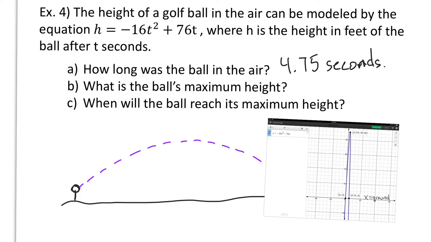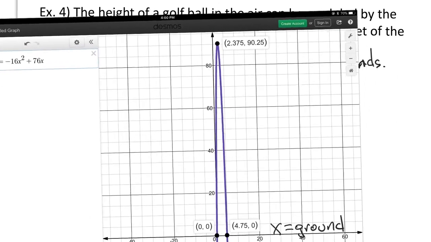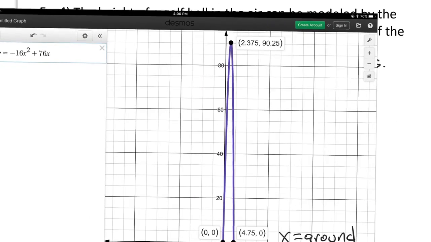Part B, what is the ball's maximum height? Well, that's where you guys look at the highest point of the parabola, and the highest point is right here. Now you guys are looking at the height. Remember that y is your height. So let me put here, h is your y, and t is your x, your time.